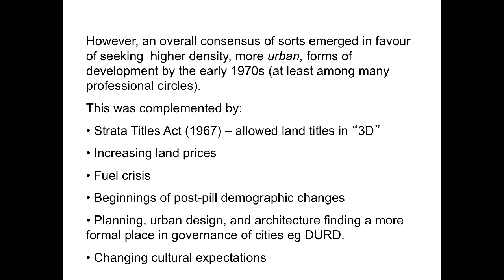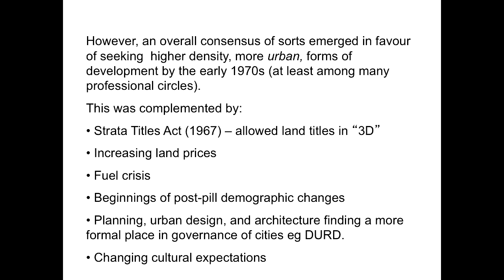So this has occurred at very different times in different countries, and largely was associated with this need to build at higher density for residential purposes. Prior to that, the Bodies Corporate Act allowed people to own a part of a site, so they could own an apartment or a flat.